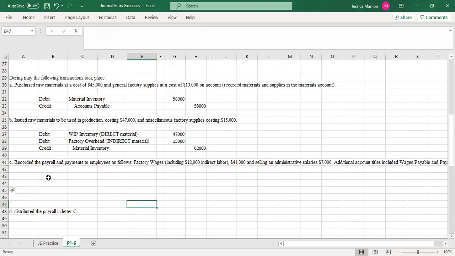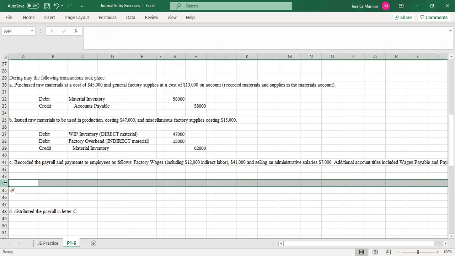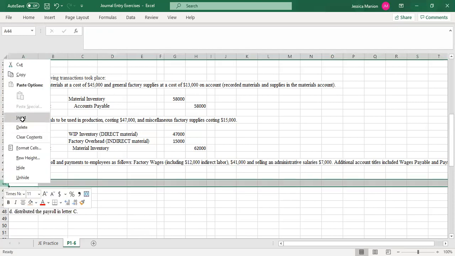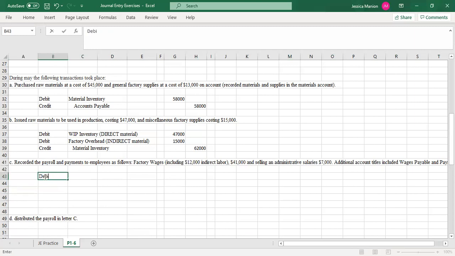So the first one, we are debiting the payroll expense. We got 41,000 plus 7,000, so 48,000.